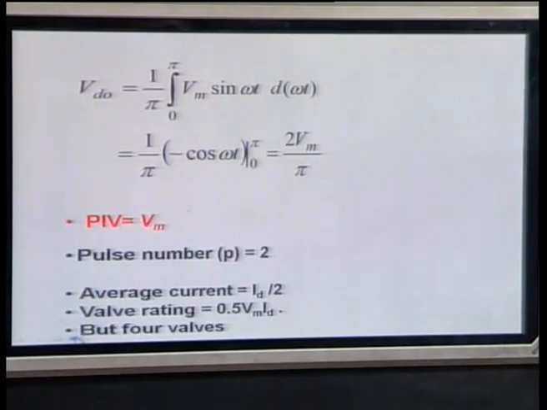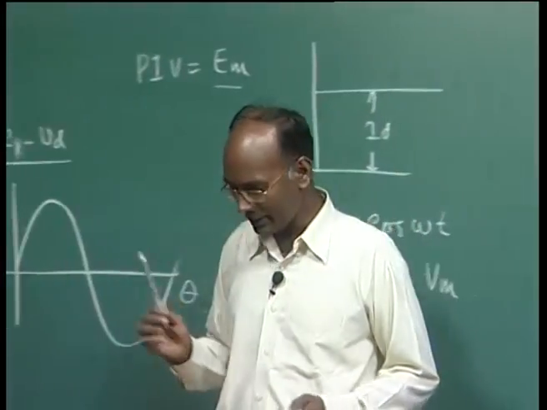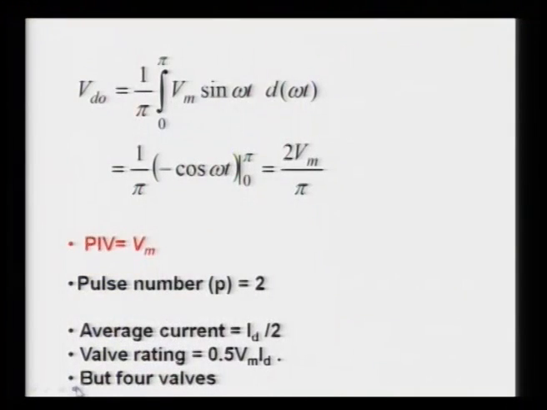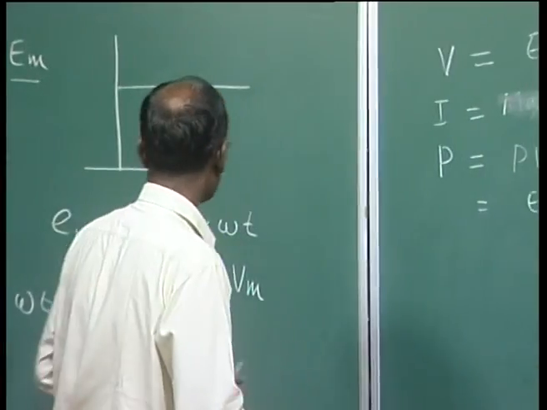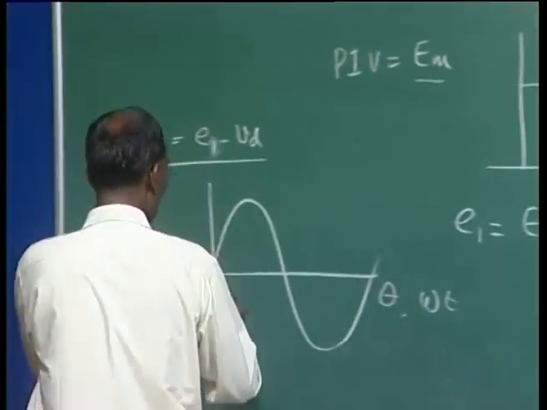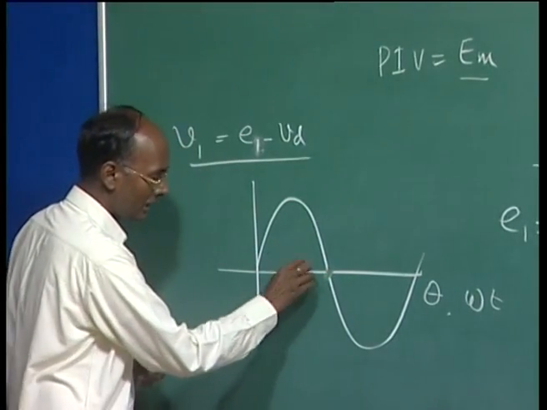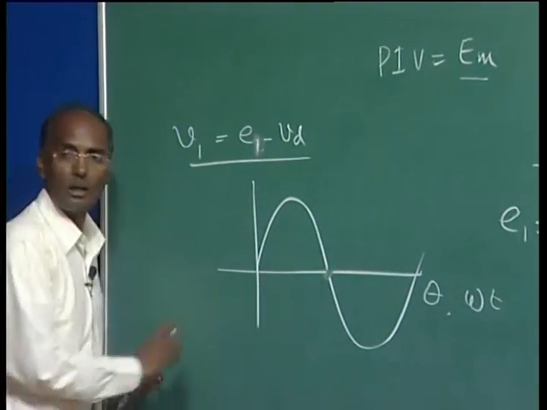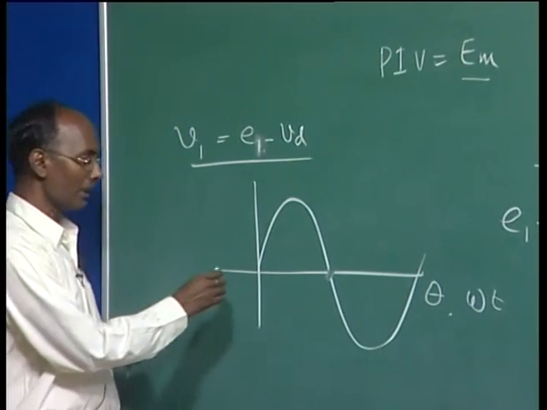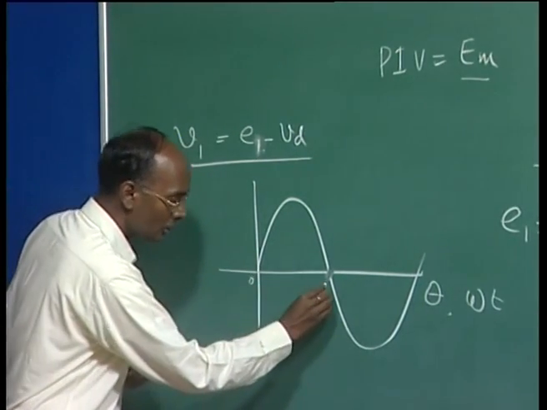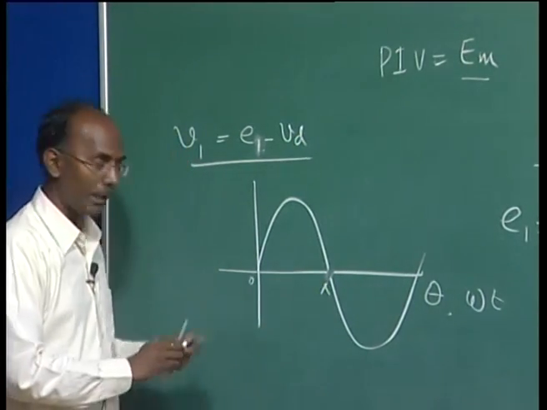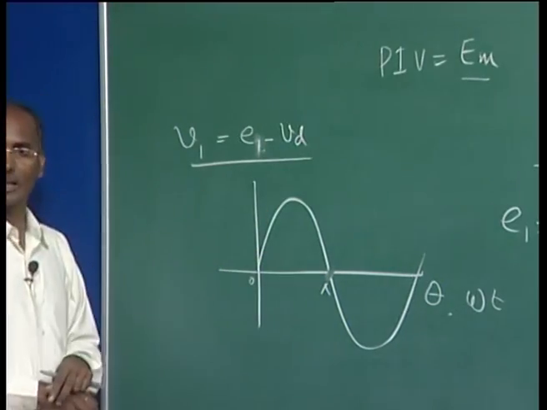We will see in later stages that taking the average output DC voltage using sin omega t is not convenient. For any signal, say you want to take the average of half of this. One option is to integrate from 0 to pi, taking sin of this.